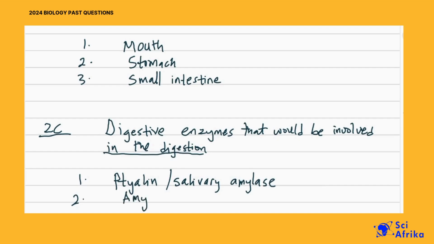Number two, we have amylase. We can call it pancreatic amylase. This one is found in the small intestine and secreted by the pancreas.